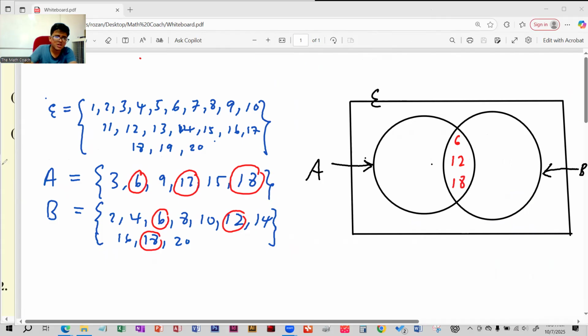And simple, the other numbers you just fill in here. So in A we have 3, 9, 15. There will be no commas here. And here will be 2, 4, 8, 10, 14, 16, and 20. What about the others?